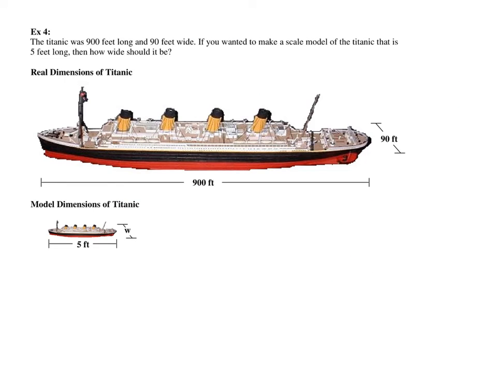All right, for example 4, the Titanic was 900 feet long and 90 feet wide. If you want to make a scale model of the Titanic that is 5 feet long, then how wide should it be?